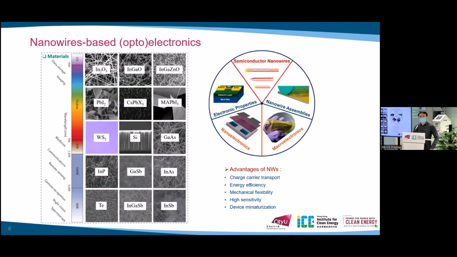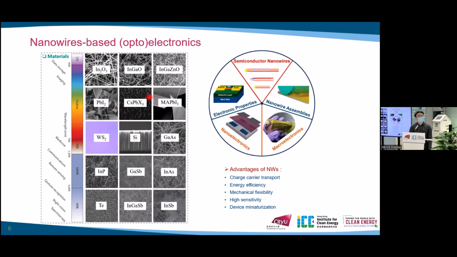And the semiconductor nanowire has many advantages in terms of carrier transport, energy efficiency, mechanical flexibility, and optical symmetry, and also more importantly, the device has a small size. And in addition to electronics, the nanowire can also be used in many different kinds of optoelectronic applications.